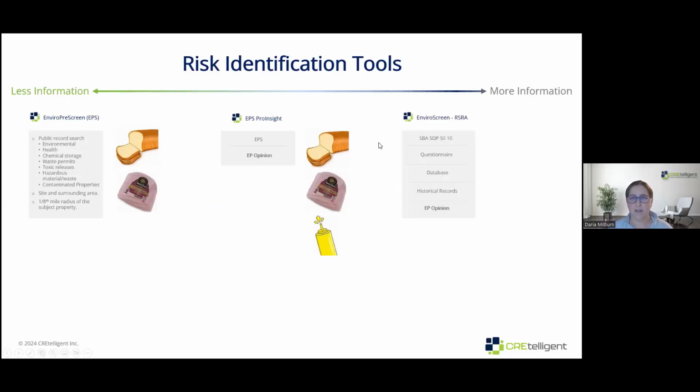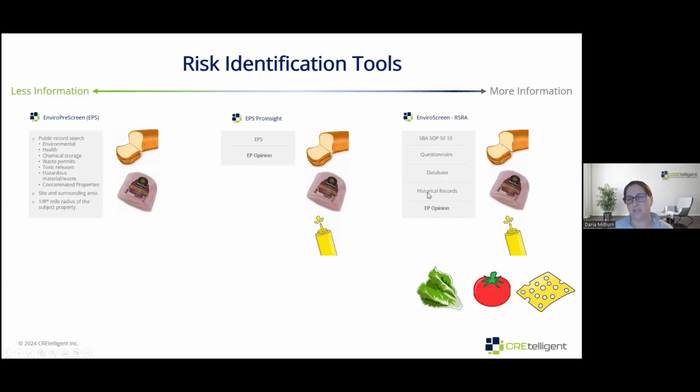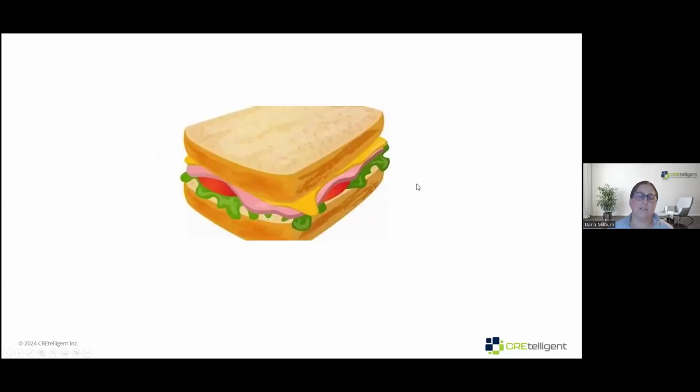But with the RSRA, we feel like, I really like my sandwich, but I want to add in some more color to it. Maybe a questionnaire, maybe some fire insurance maps, maybe some city directories. And we find ourselves with a delicious ham sandwich of an environmental report.